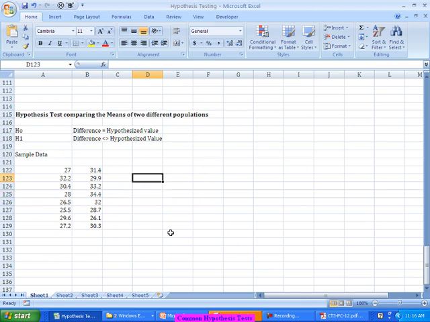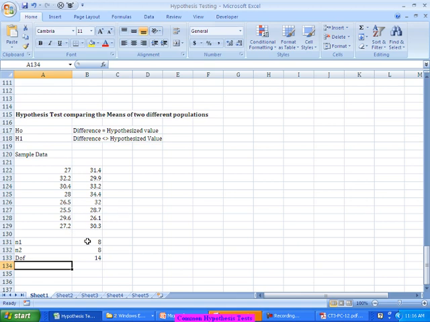From this, at least some of the things that we can directly take up are the sample sizes. N1 is 8, N2 is also 8. So the degrees of freedom, I can take as N1 plus N2 minus 2, which is 14.